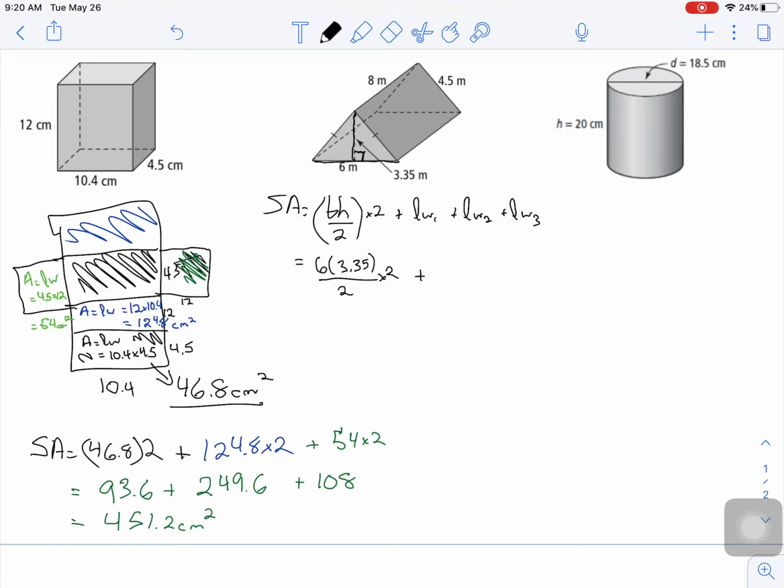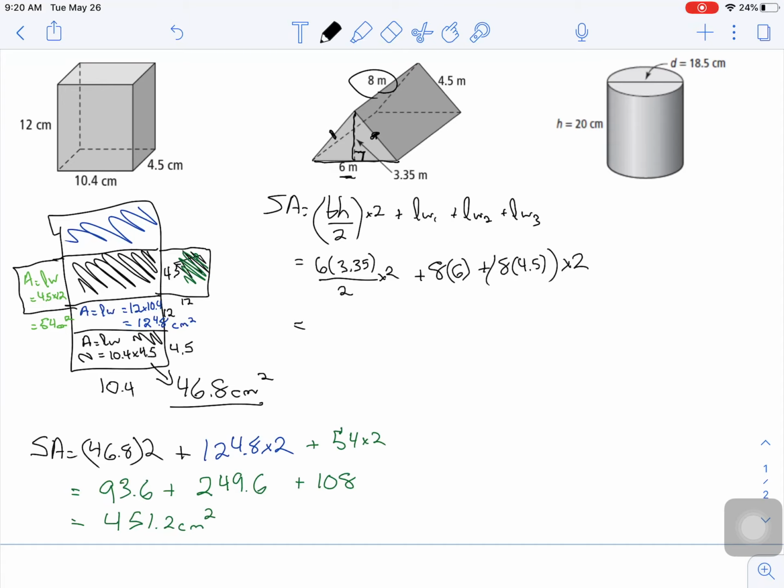length. So we could see all of them have a length of 8. So 8 times width 1, which let's say is the 6, plus 8 times width 2, and width 2 is, look at these two marks here, are both 4.5. So I could do this a third time where I go 8 times 4.5, but I realized there are just 2 of these shapes, so I'm going to times this whole thing by 2 because the width 3 is the same as width 2.